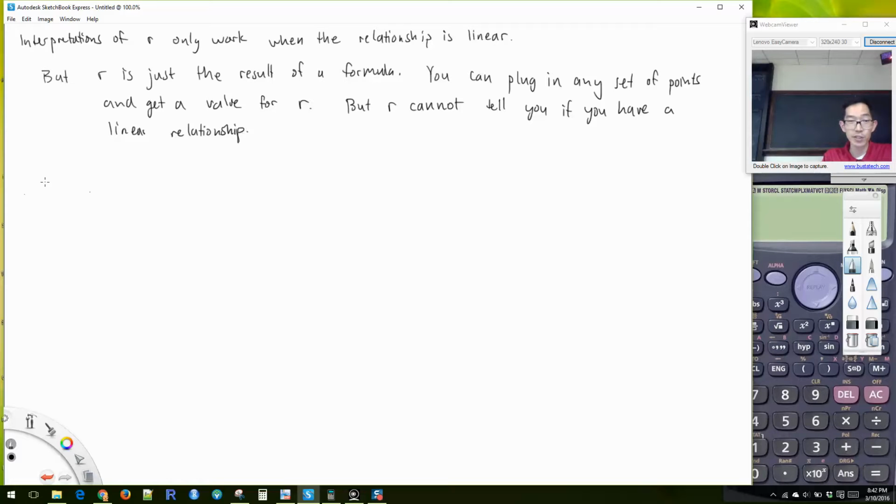For example, you might see R equal to plus 0.95, and you might be tempted to say, oh, we've got a positive, strong linear relationship. But that's not the case.